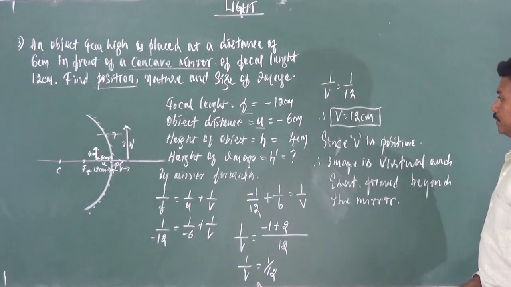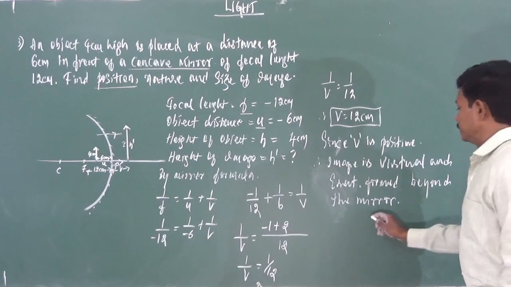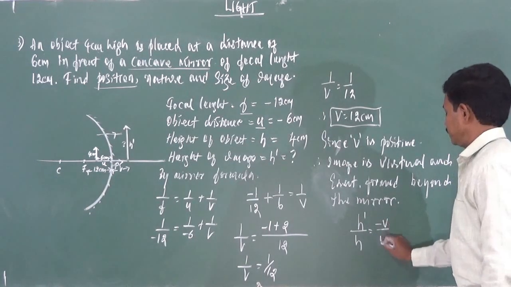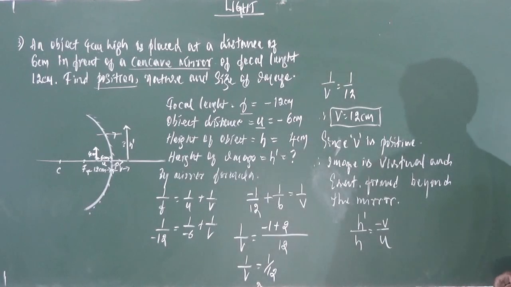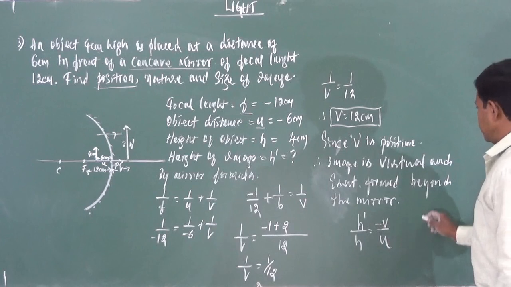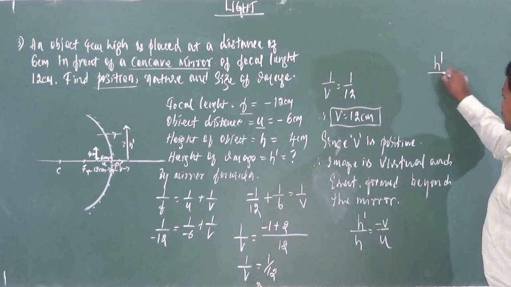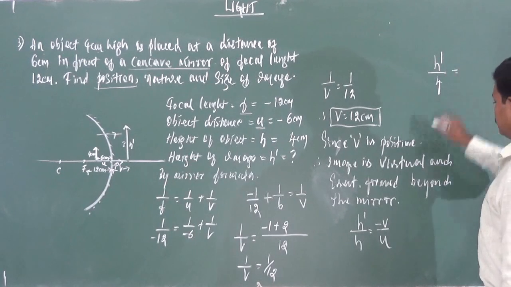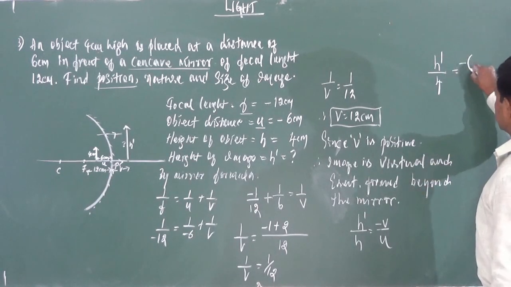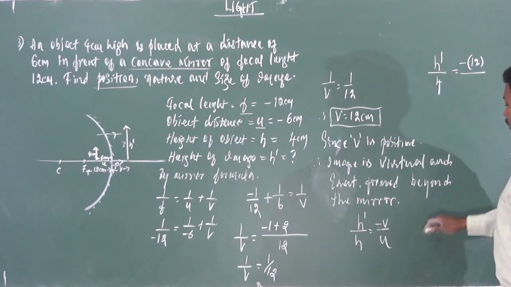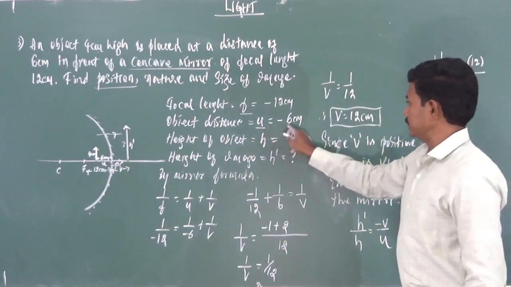Now we will find h dash. The relationship is very simple. H dash by h is equal to minus v by u. This is the formula for finding the height of the image. So h dash by 4 centimeters is equal to minus v, the v value is 12, by u, which is minus 6 centimeters.